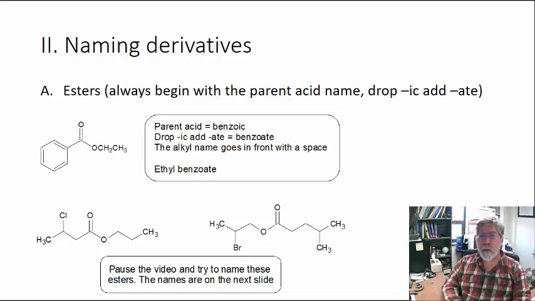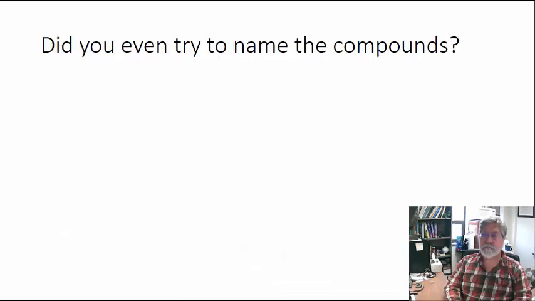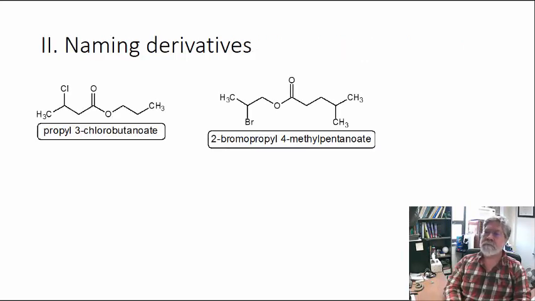And then think about what the alkyl group's name should be. And put the alkyl name in front of the modified acid name to come up with an answer. This is just in case you decided to flip forward anyway and cheat and see the answers without working on them. But seriously, folks, and these are the answers.